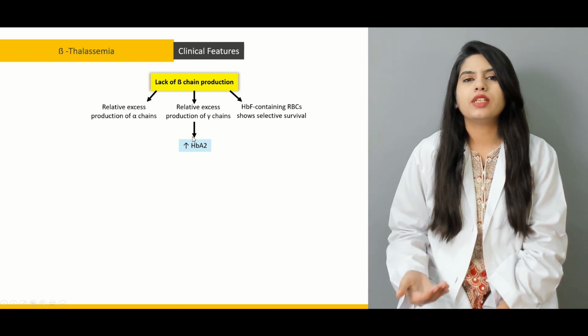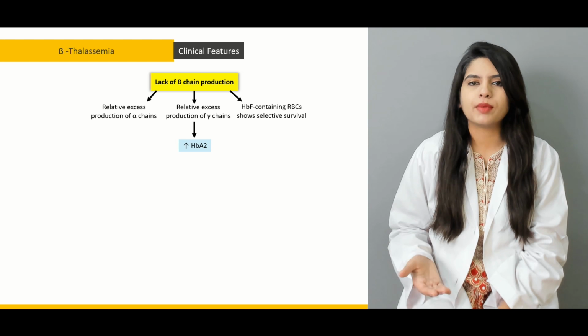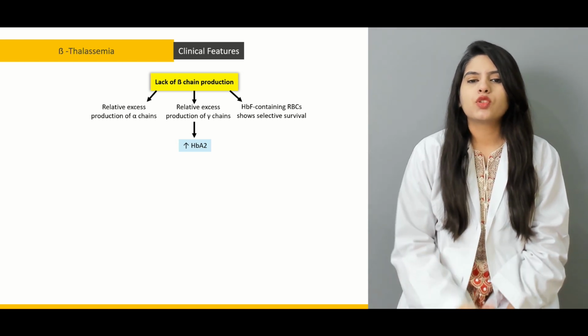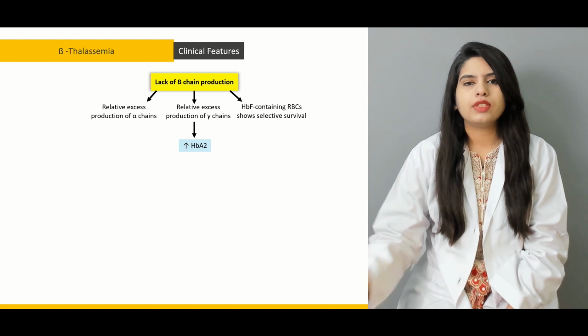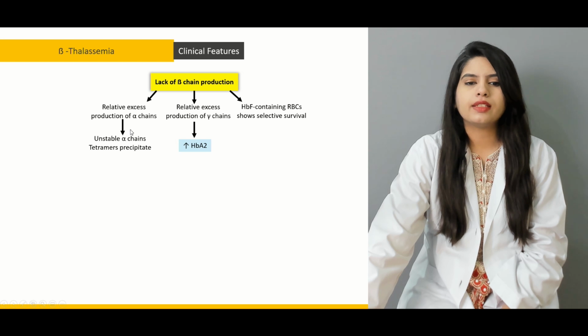HbA2 is a type of hemoglobin with two alpha chains and two delta chains. So there may be an increased level of this type of hemoglobin.